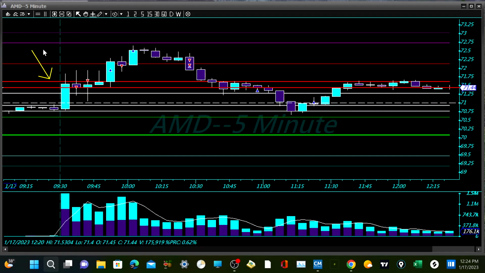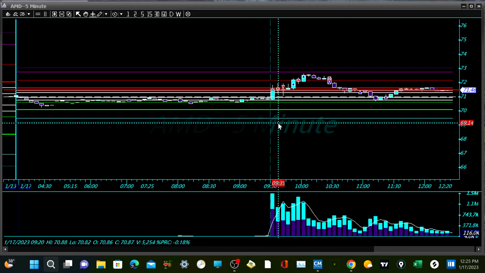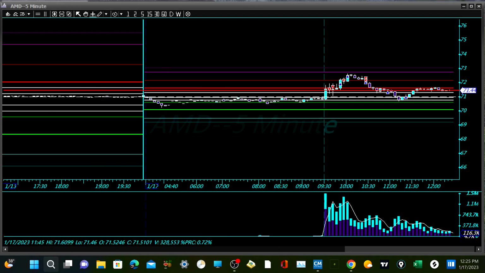Oh, and I forgot to demonstrate that. But the Camarilla relationship is an inside value relationship, which is suggesting that it might be a breakout level today. So let me just pull this back a little bit and I can show you that. So you see the previous day's R3 is here, previous day's S3 is here, and then we have the inside value relationship where S3 is now here, R3 is now here, right?